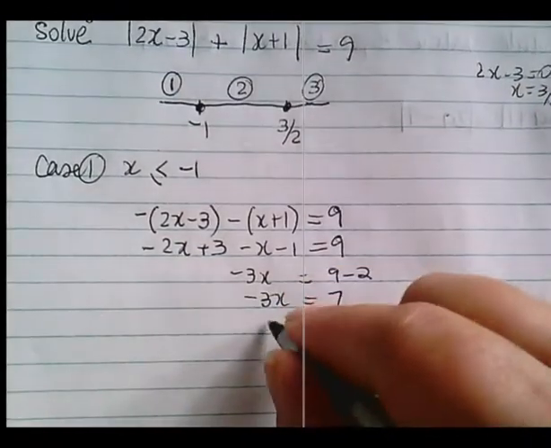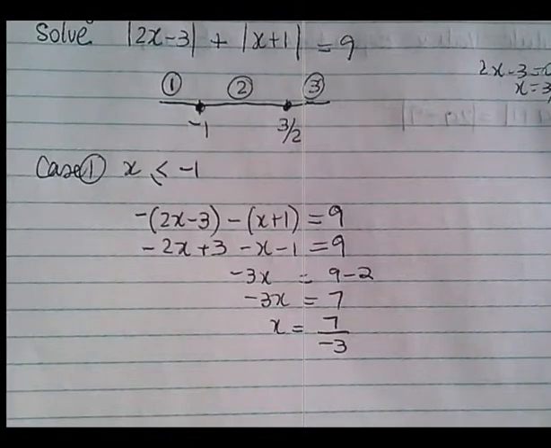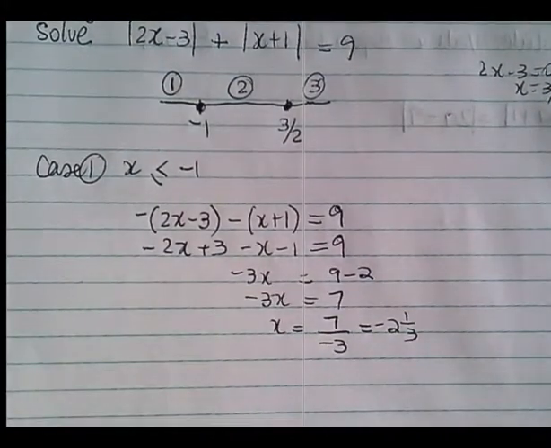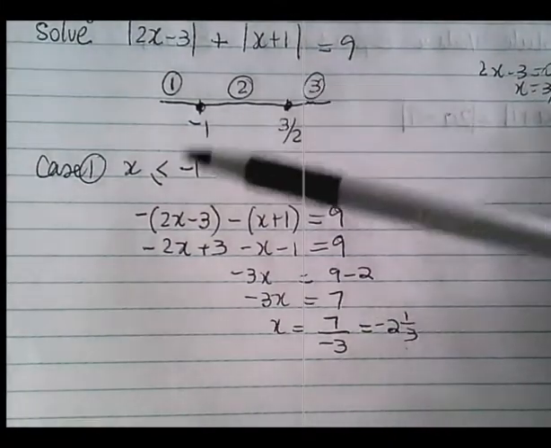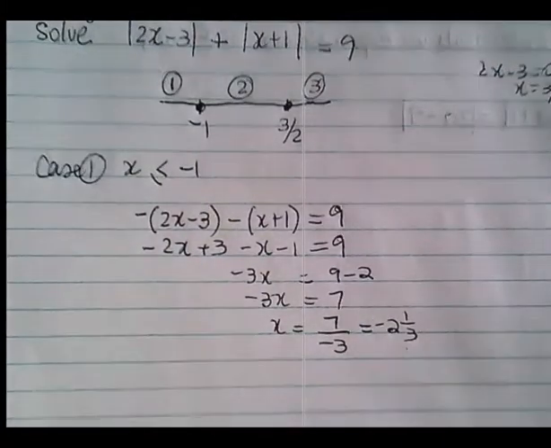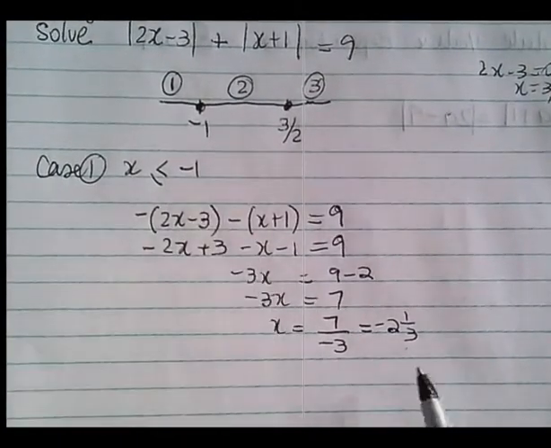Okay, and therefore x equals 7 over negative 3, or negative 2 1/3. Now, is that in the region of x less than or equal to negative 1? Does that fit in there, in that domain? Yes, it does. Negative 2 1/3 is less than or equal to negative 1.